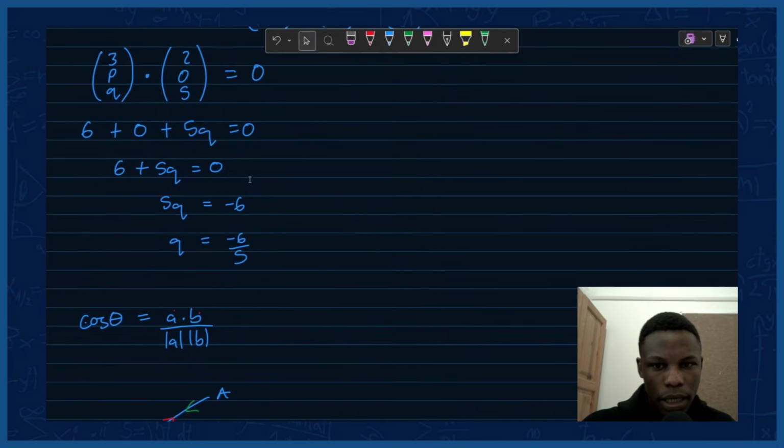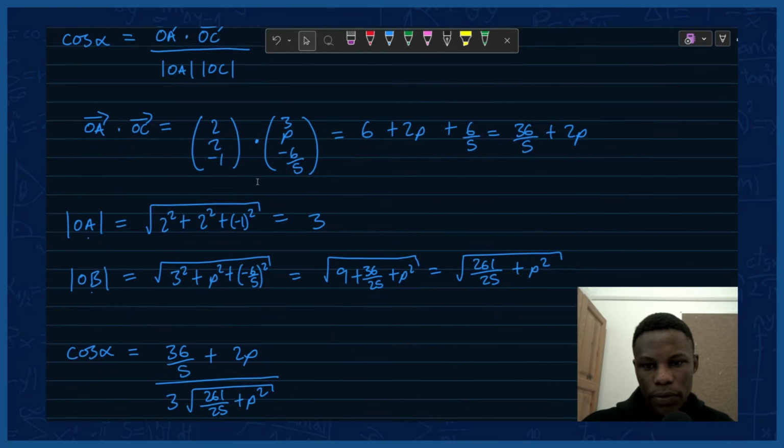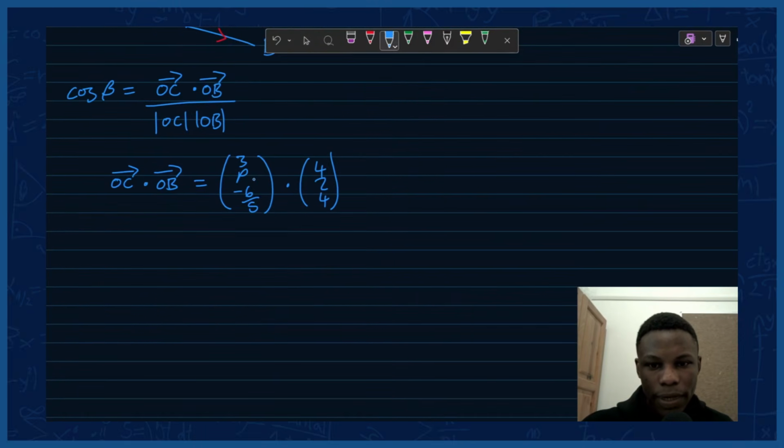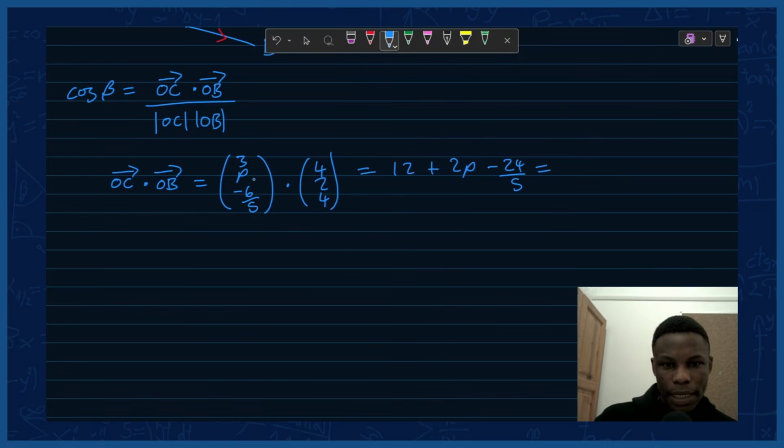Yep, (4, 2, 4). So let's simplify this. It's 3 times 4, which is 12, plus p times 2, which is 2p, plus 4 times -6/5, which is -24/5. Let's simplify 12 minus 24/5. That gives us 36/5, plus 2p. So that's the dot product.